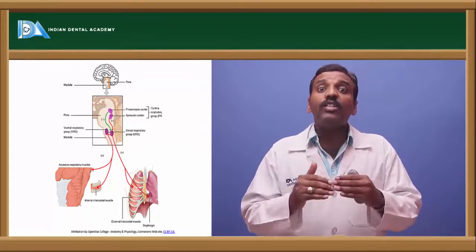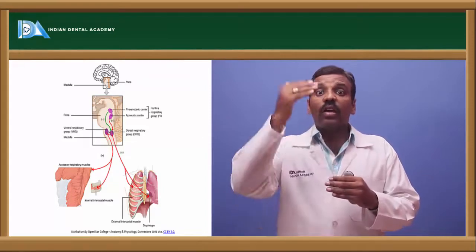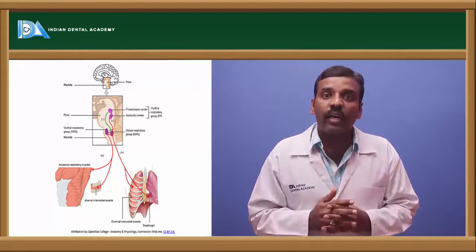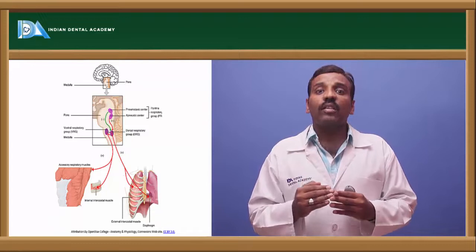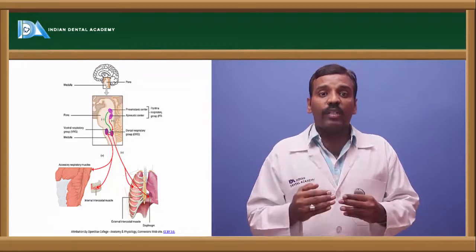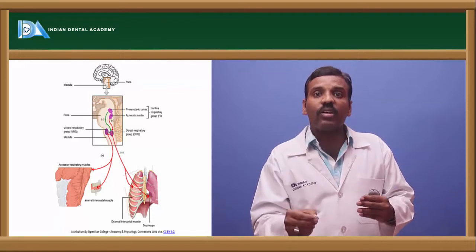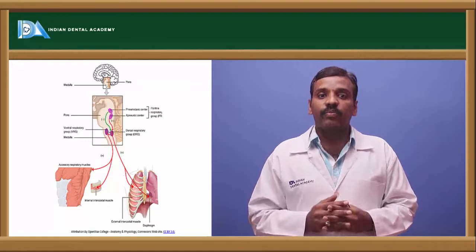When inspiration has occurred, the higher centers, that is the pneumotaxic center, send inhibitory impulses to the apneustic center for the stoppage of inspiration, and then the apneustic center sends impulses to the inspiratory centers.